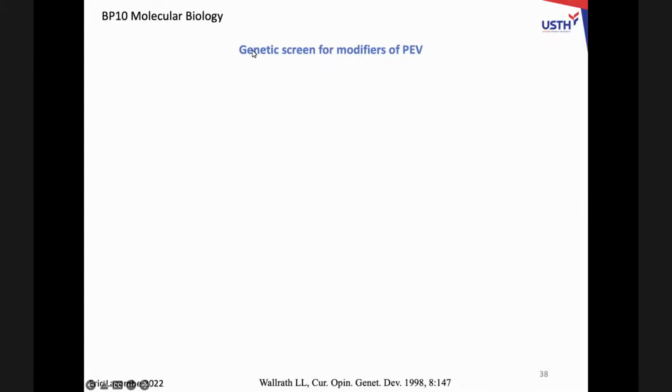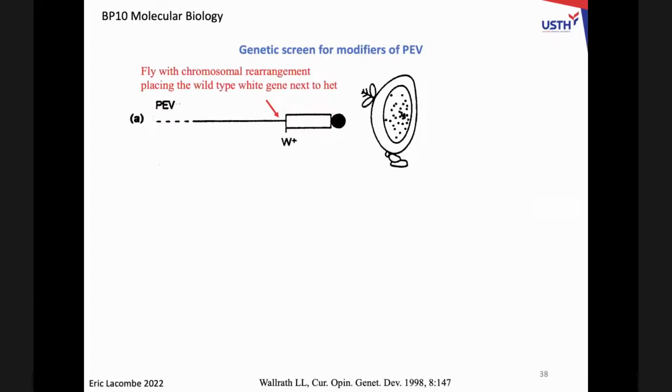So they were screening for modifiers of the phenotype they were having. So here there will be three different drawings, one by one, to explain how it works.